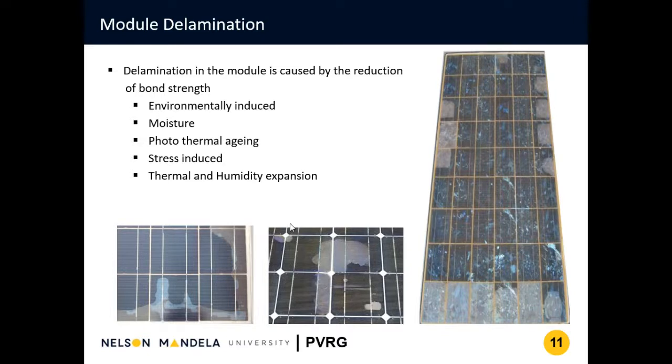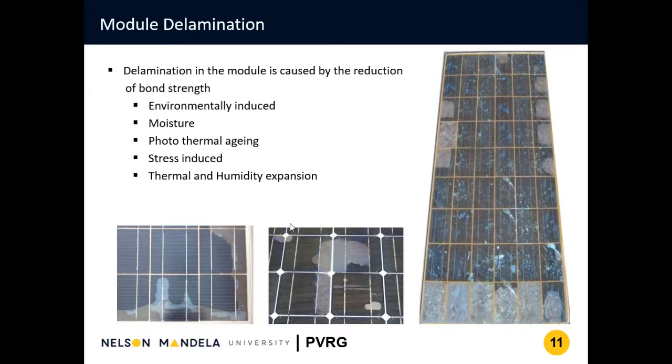And this effect can vary depending on the thermal, humidity and environmental effects. So any module delamination in the layers is classed as a module failure.